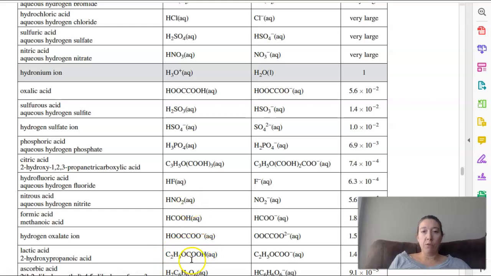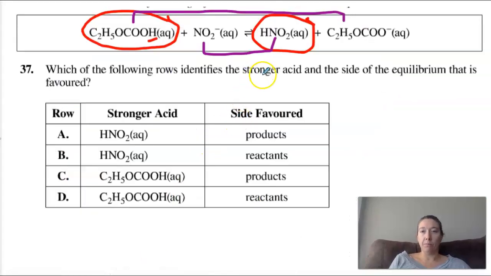That means out of the two, because the HNO2 is higher in the table, the HNO2 is going to be the stronger acid. So it's not C and it's not B. So the side of the equilibrium that is favored, because the HNO2 is the stronger acid, the equilibrium position is going to favor those reactants.